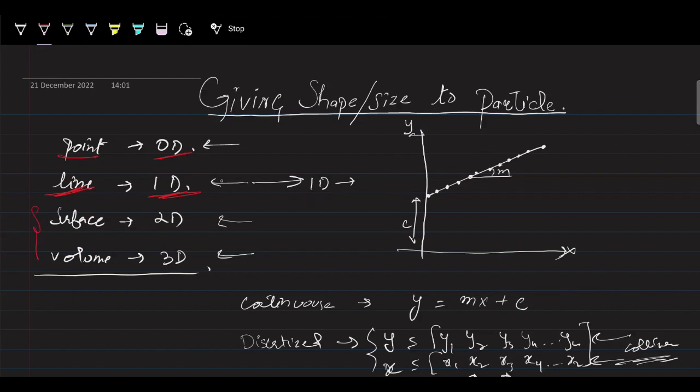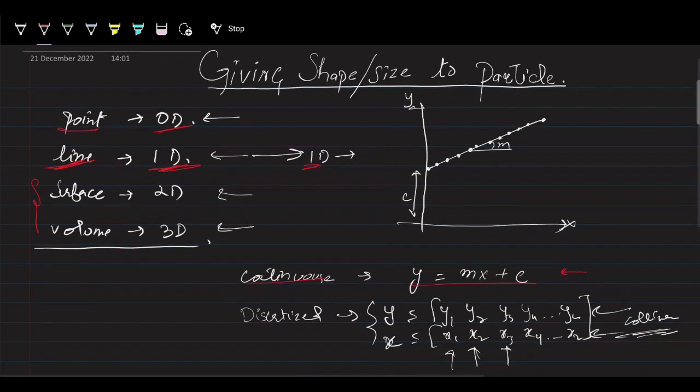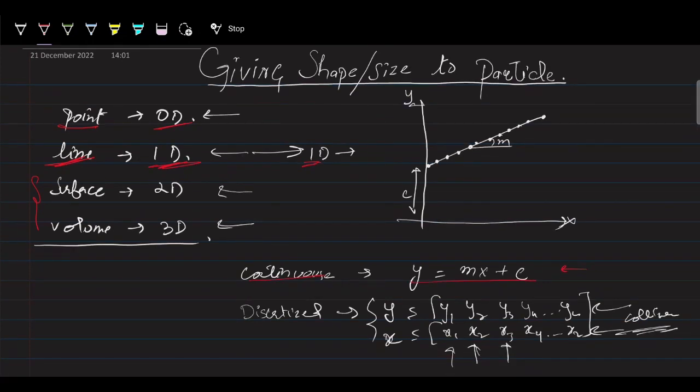In order to understand how to code for this type of problem, considering a point to be a line, we have to consider the equation of a line in continuous form as y equals mx plus c. But as it is known, if you are writing code, you don't go for continuous form.